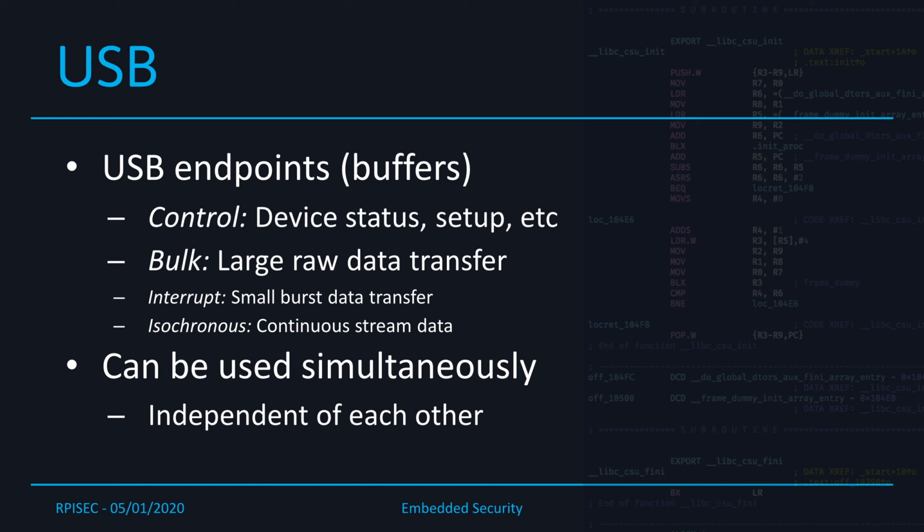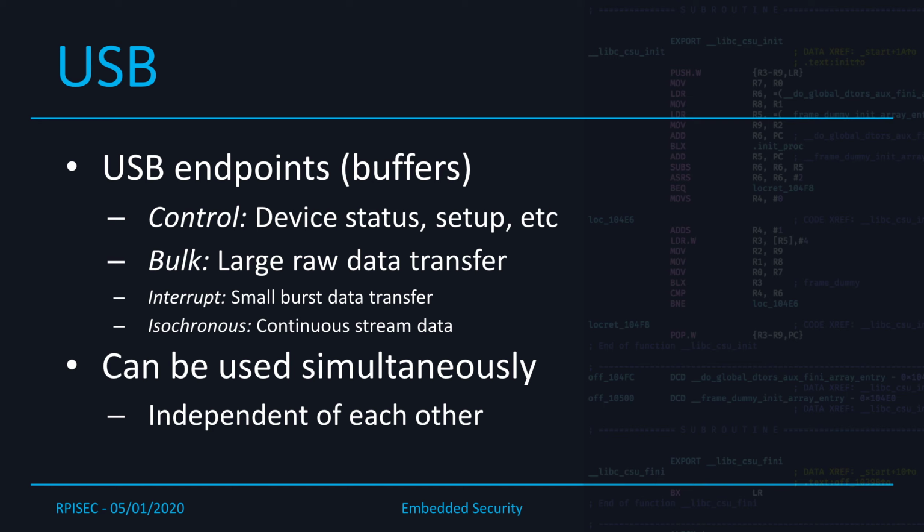It's just I have some data, I want to send it. So if you're going to use USB to copy a file off of a flash drive, you will probably be using the bulk endpoint, and your machine will request the data, but it doesn't really matter when the data gets there. It just needs to happen.